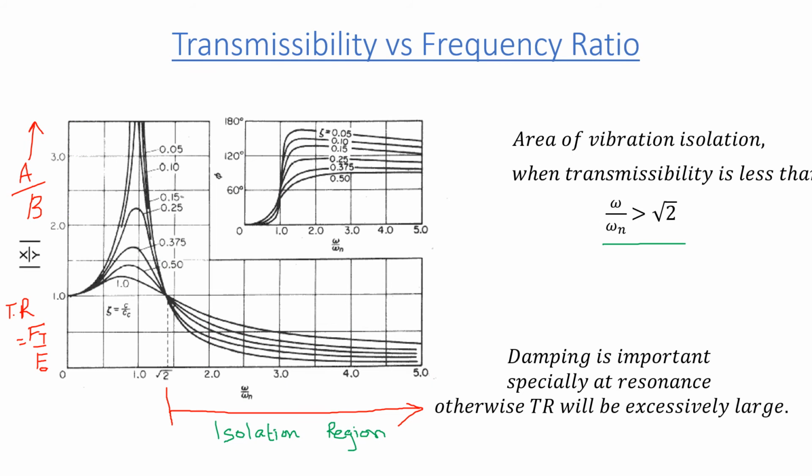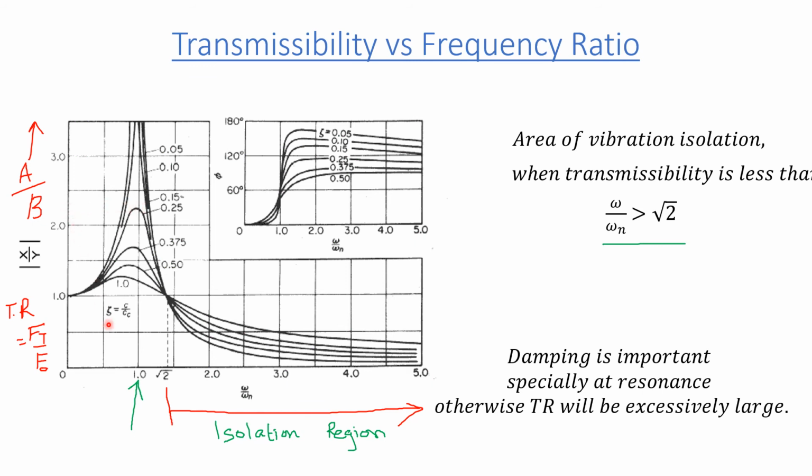Moreover, what we observe is at resonance, when omega by omega n is 1, the amplitude of vibrations will be infinity. But if we introduce a small amount of damping, say damping ratio of 0.25 is there, that we have touched the damper or dashpot, then the transmissibility reduces from infinity to 2.25.